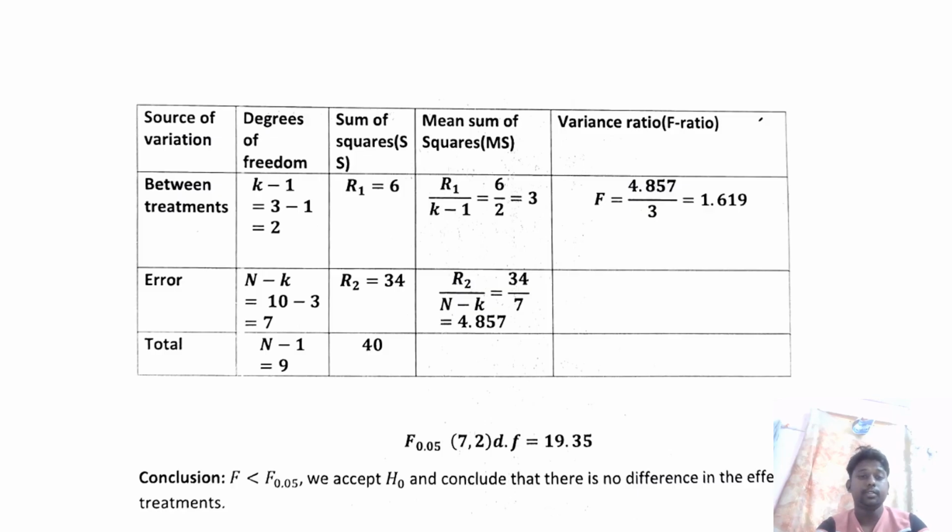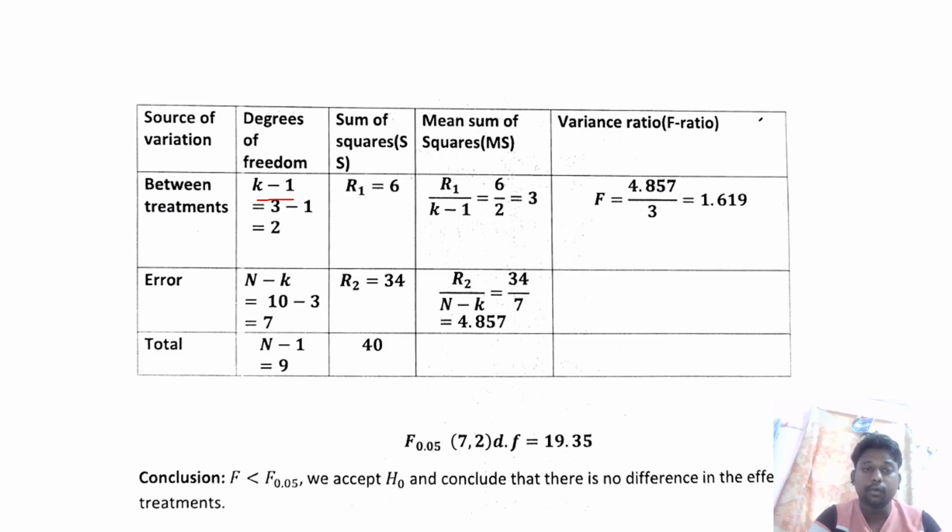Between treatments, errors, and total, we're going to plot this row wise. For between treatments, k is the number of treatments. We have A, B, C as 3 treatments, so k is 3, and the degree of freedom is k minus 1, so 3 minus 1 is 2.